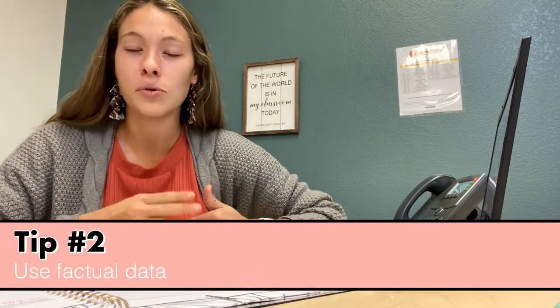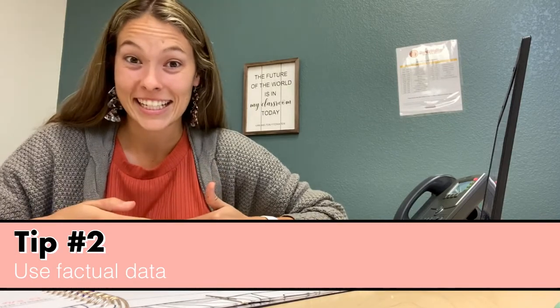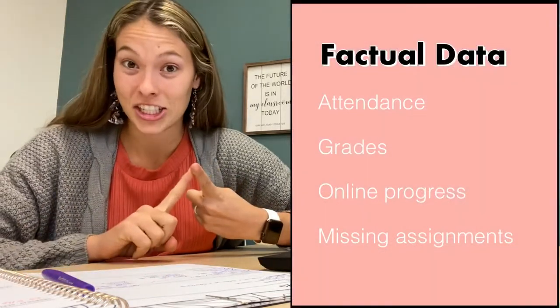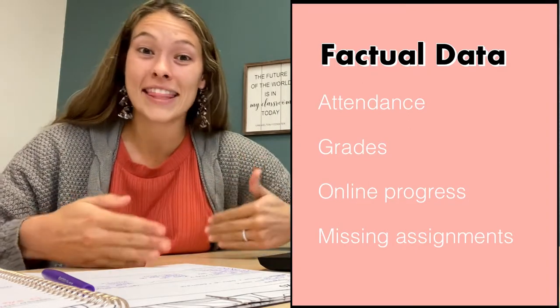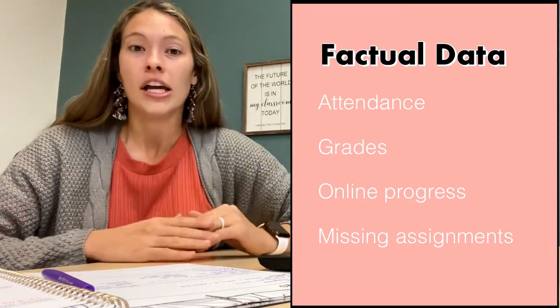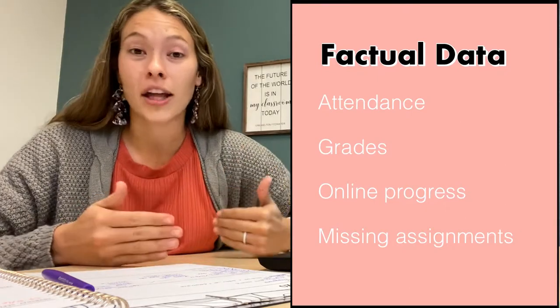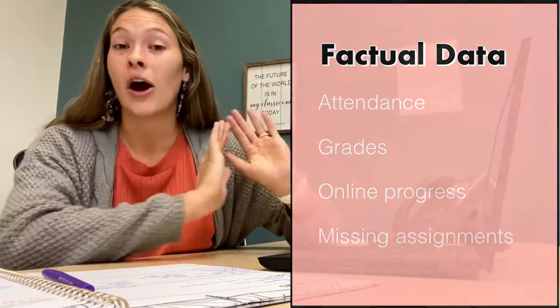When you give the information, this is tip number 2, use hard data. For example, attendance sheets. Be able to say, you know what, your kiddo's only been at this many meetings out of this many, or you can use their online progress. I'm very lucky because my students are so online, I can see when they log in, how long they've been online for, how much time they sat idle.